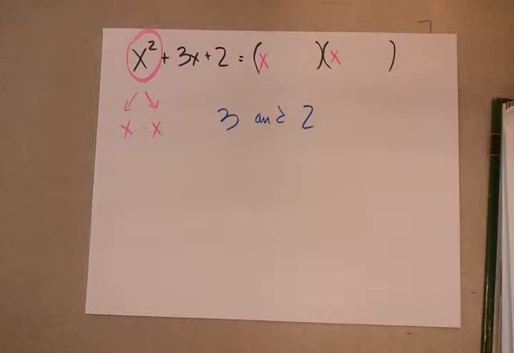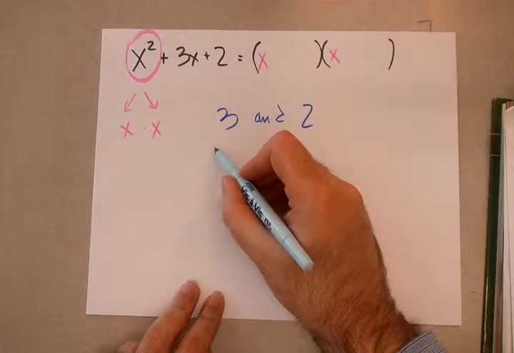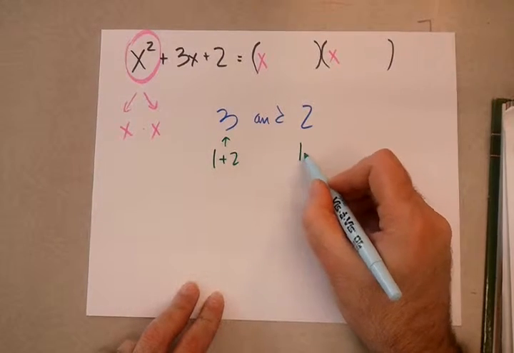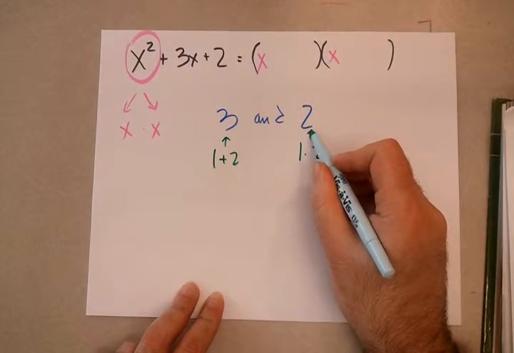So what are these two numbers? There is really only one possibility, and that is 1 and 2. 1 plus 2 gives us 3, and 1 times 2 gives us 2.